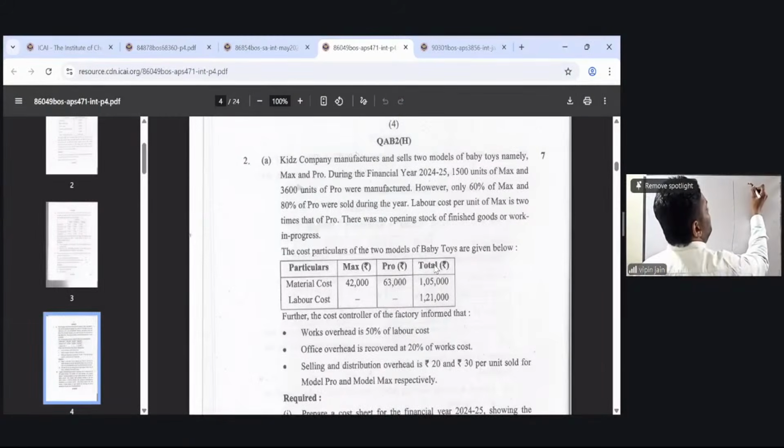So Max and Pro. Units manufactured. How many units were manufactured of Max and Pro? 1500 of Max and 3600 of Pro.